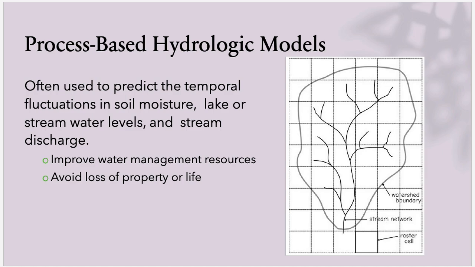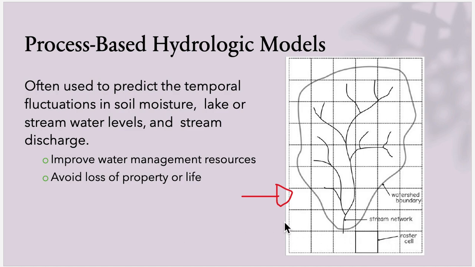These models are important because we need them to improve water resource management and to avoid loss of property or life due to flooding. In this figure, this is a raster-based hydrologic model, representing water flow through each grid cell.